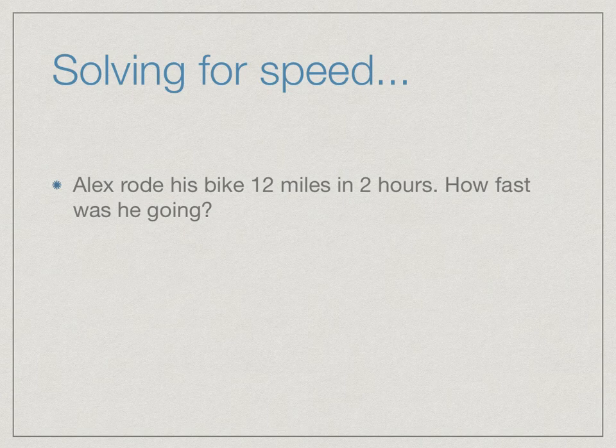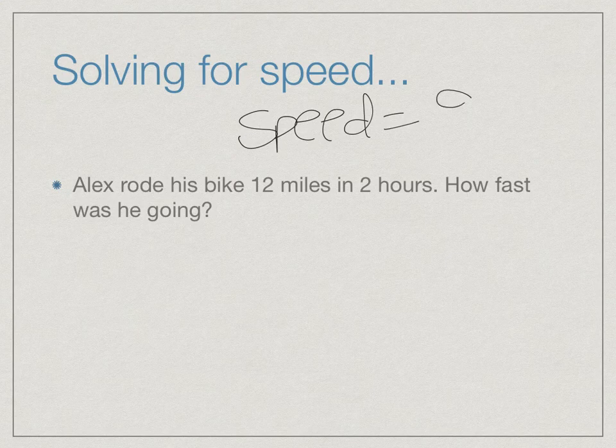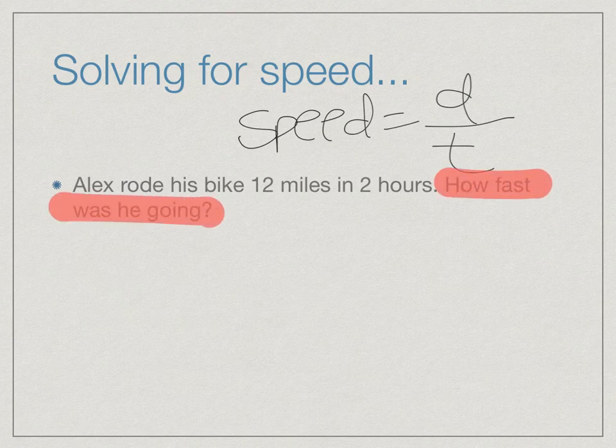Okay, so we're going to jump right in and we're going to solve for speed. So if you remember the formula that we just wrote down in our notebook, we said speed is distance divided by time. So let's read our problem and see if we can pull out these elements. Alex rode his bike for 12 miles in 2 hours. How fast was he going? So first of all, the question is asking us to figure out how fast Alex was going, and fast is speed.